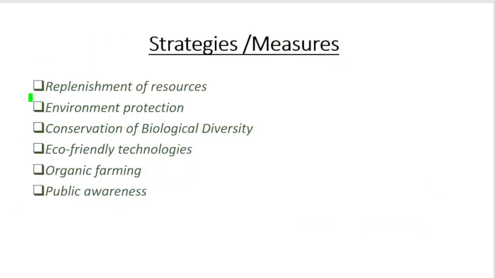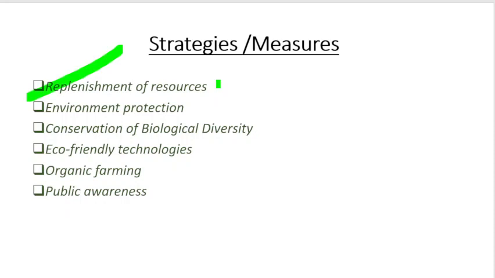Then what can be the strategies, measures or steps we can adopt for sustainable development? Here we must know that replenishment of resources matters. If we are going to use and exploit resources blindly, one day will come and everything will be gone.